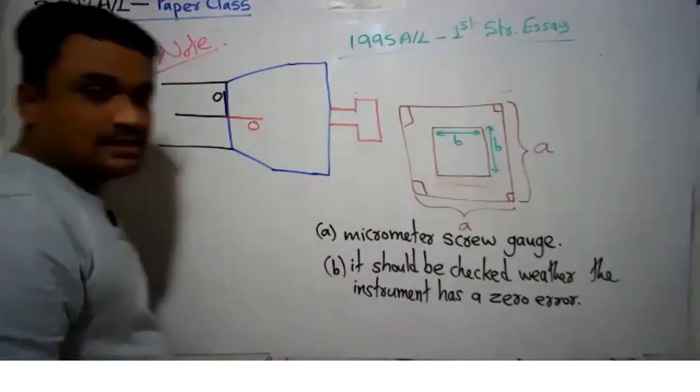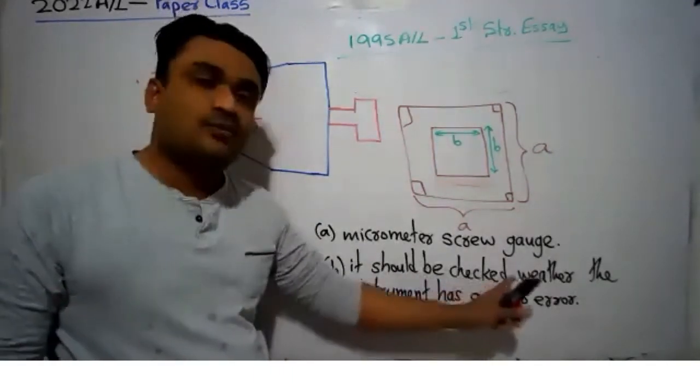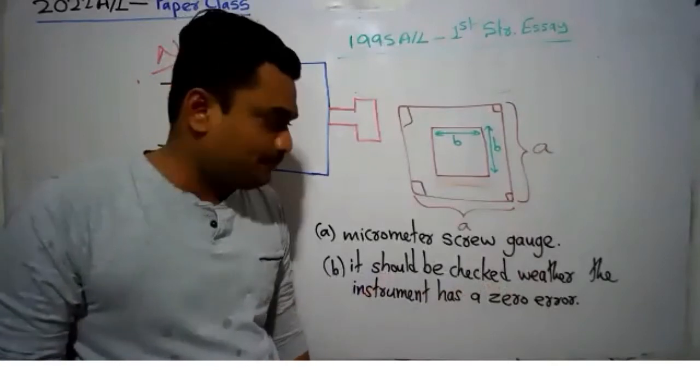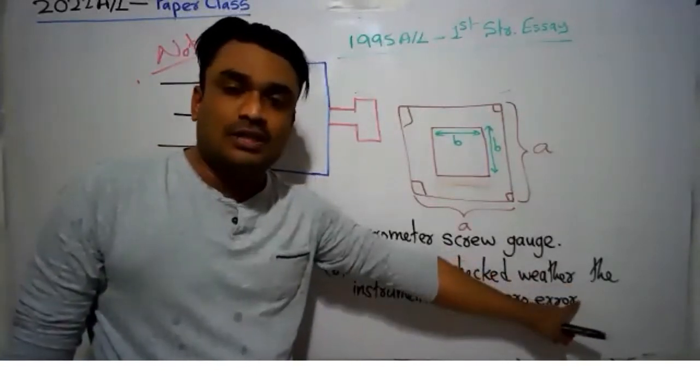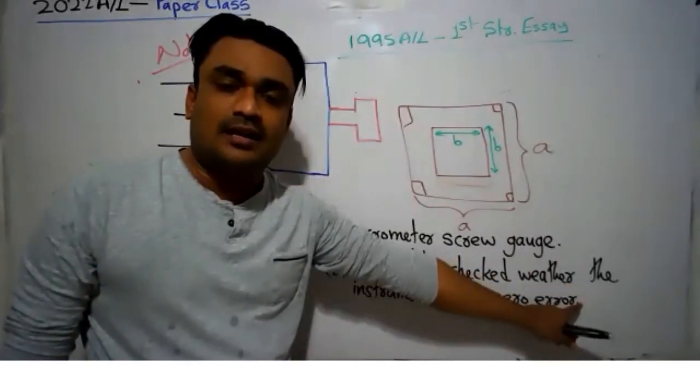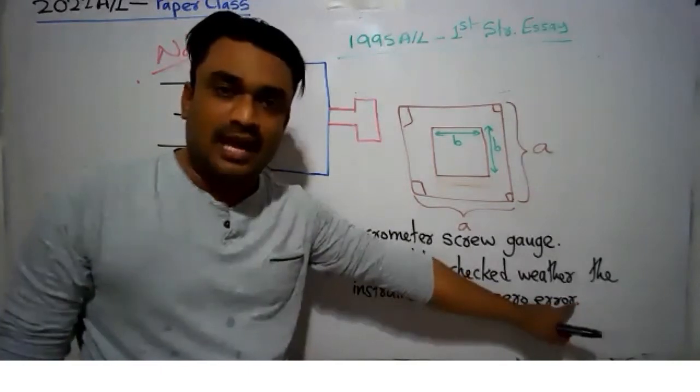So what is the answer? It should be checked whether the instrument has a zero error. And we have added one more sentence: the thimble is rotated until the spindle touches the anvil.